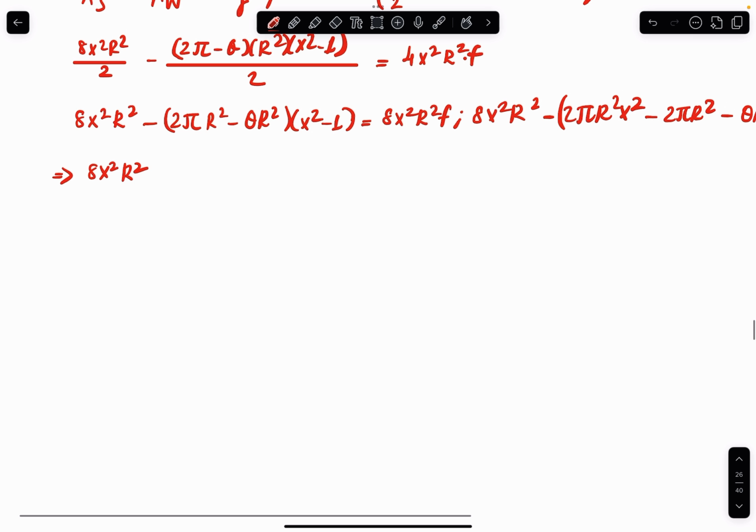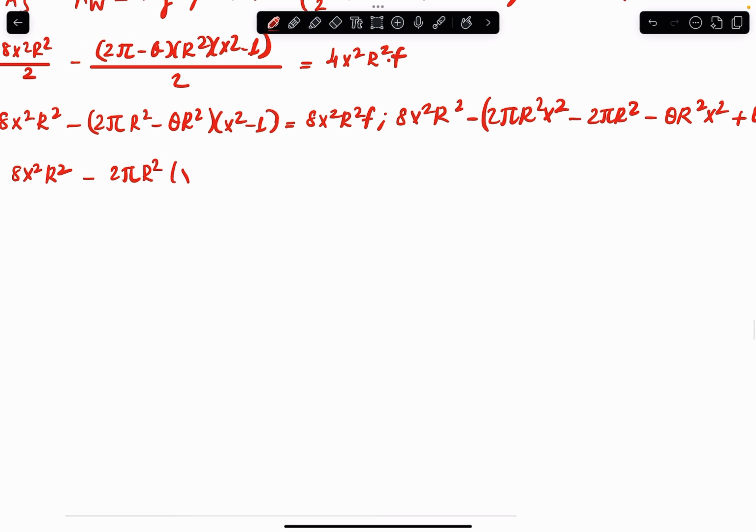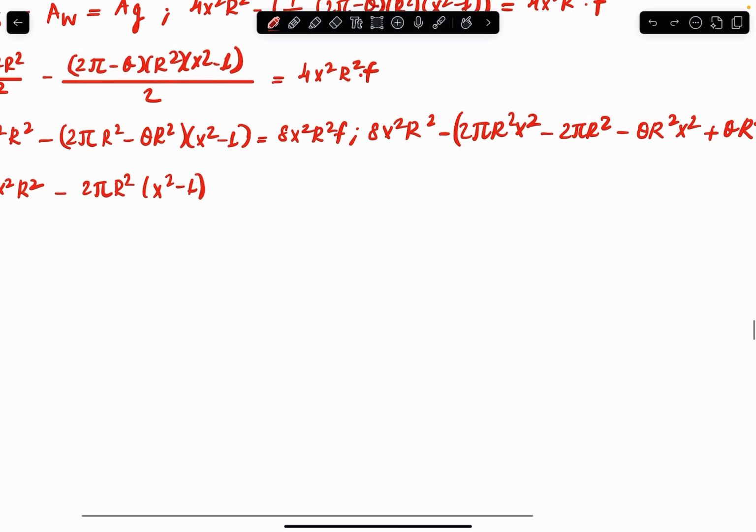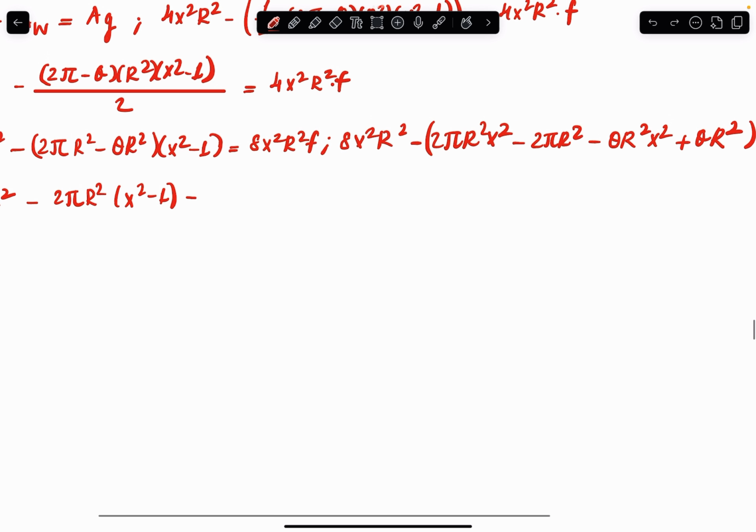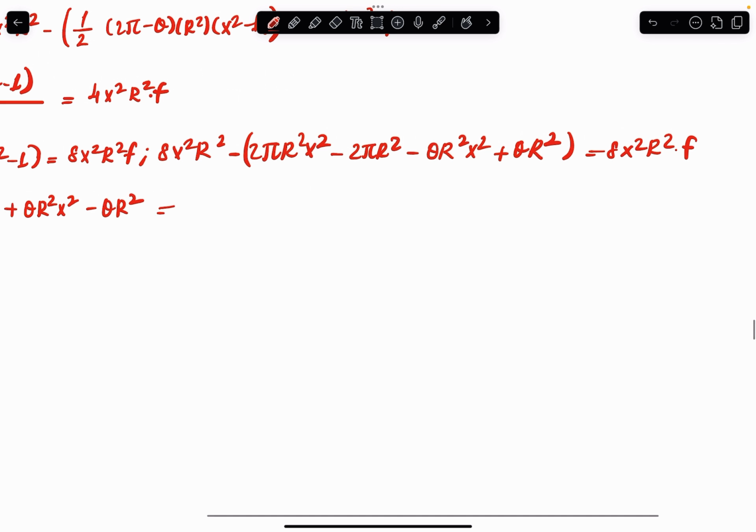If I continue on from here, it's going to be minus 2 pi r squared x squared. And we can also arrange this so that it's written as x squared minus 1. I've just arranged this piece here. And then plus theta r squared x squared, then minus theta r squared is what we're left with, which equals 8x squared r squared f.